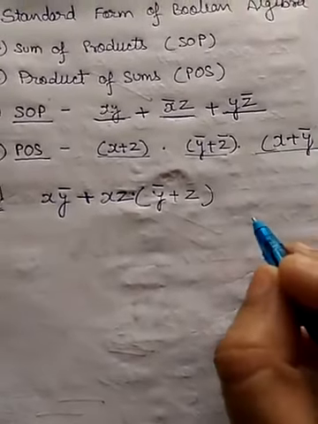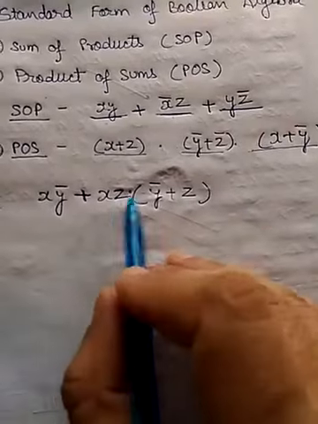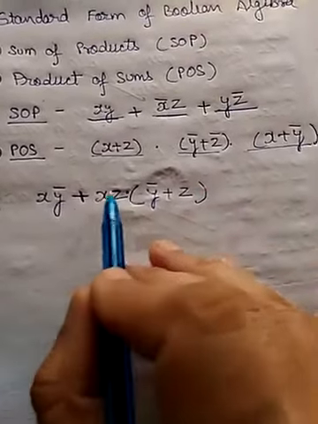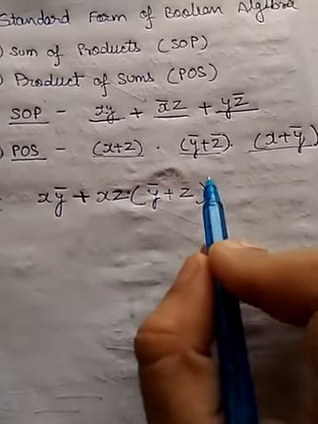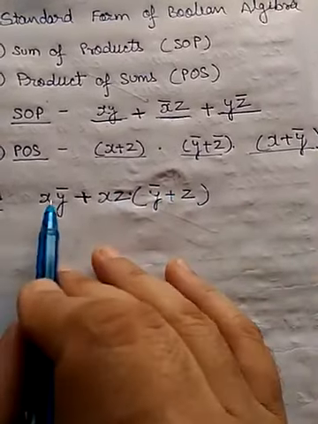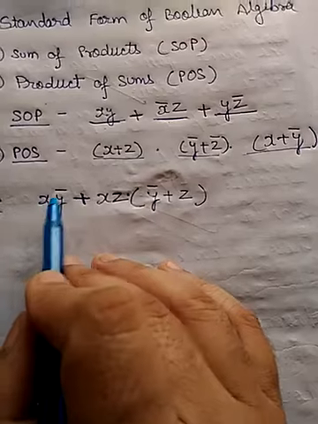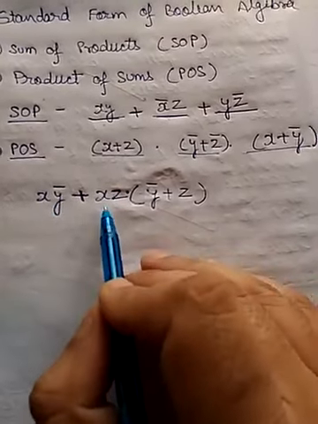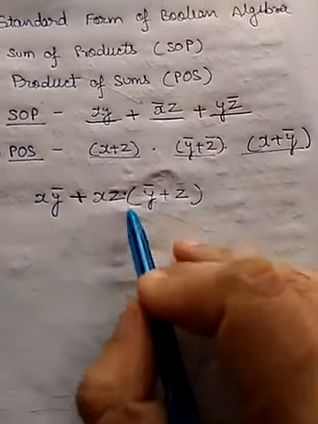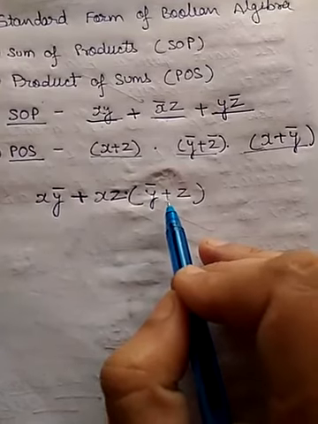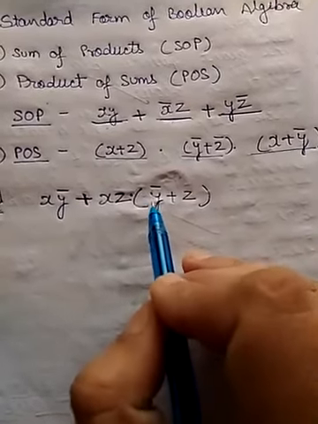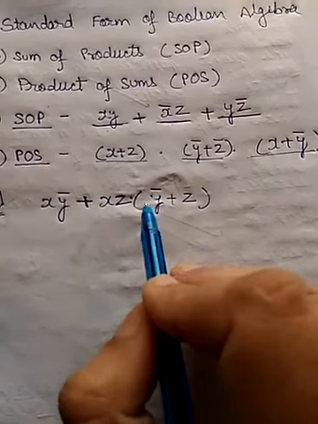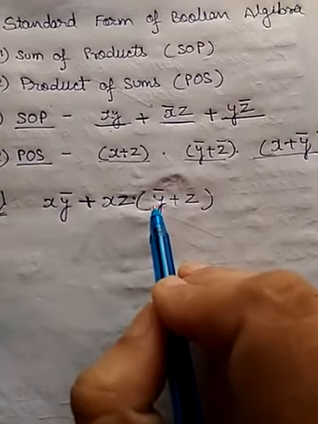So standard form says that all the terms must be joined with the same operator and all the terms will be in the same form. Means this term is in the form of multiplication, this term is in the form of multiplication, and this term is in the form of sum. So it is neither sum of product nor product of sum, but we can convert it into the standard form.